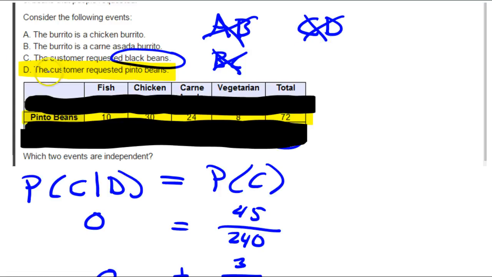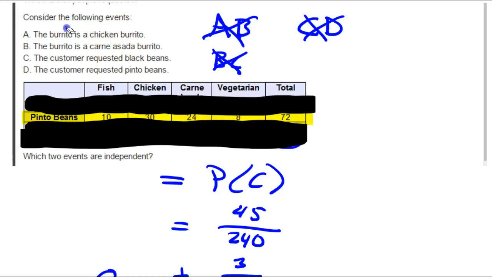What have we not tried yet? At a glance, the only possibilities are we have to pair burritos with beans. There's no point in doing burritos and burritos or beans and beans.